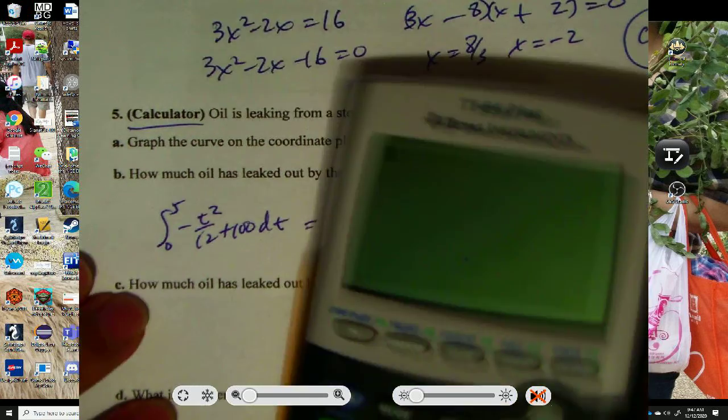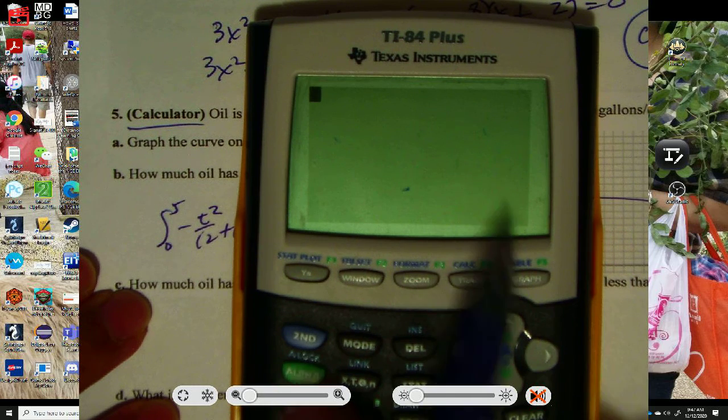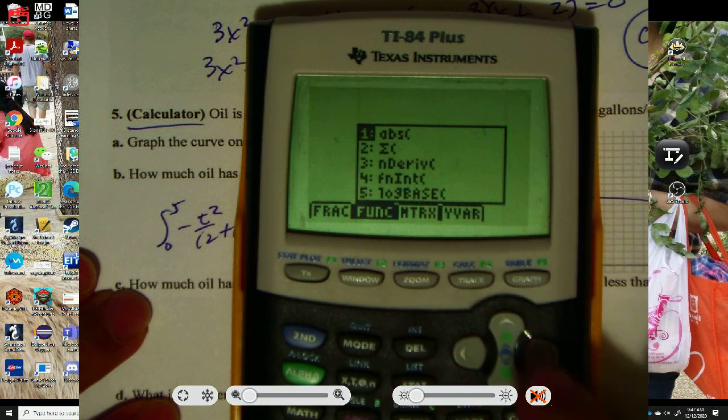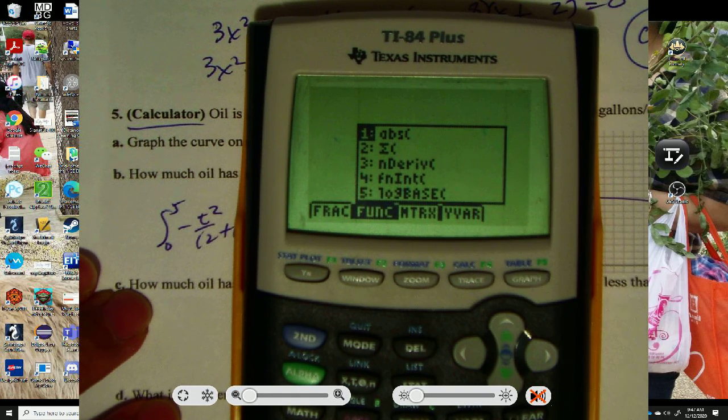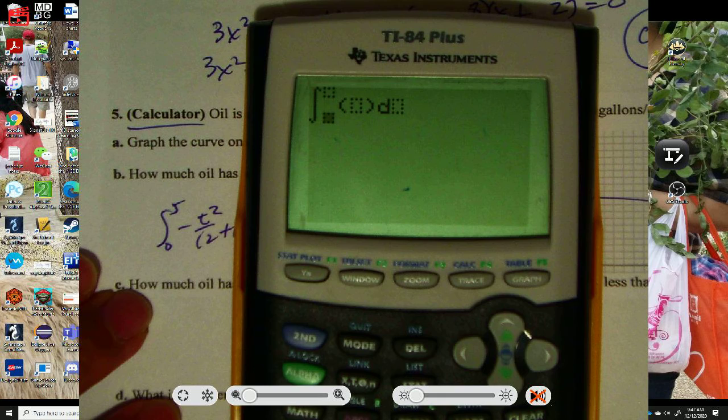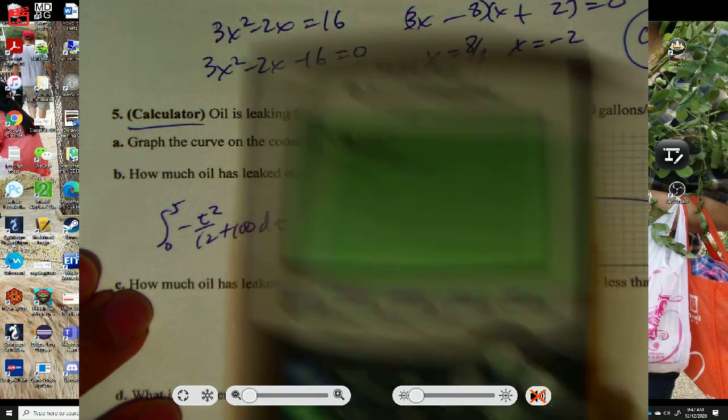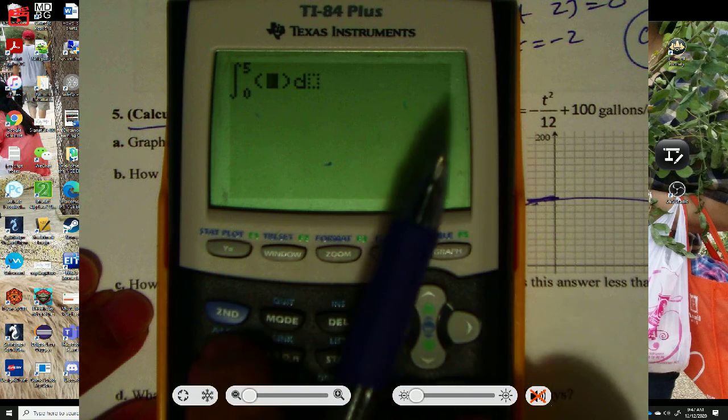We're going to do, say, alpha, I think it's window. I'm looking for fnInt. That's a numerical integration, so I press 4 for that. And I'm going from 0 to 5. I know this function is in t, but I'm going to just change it to x.